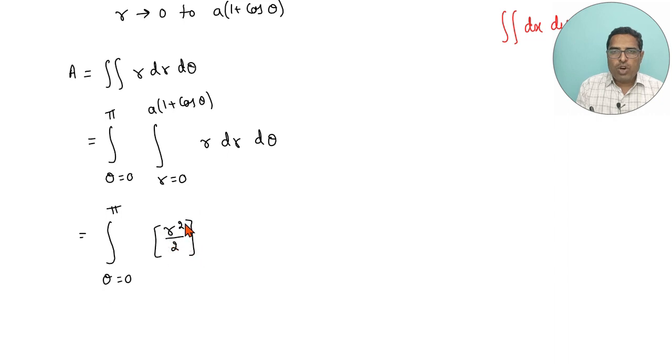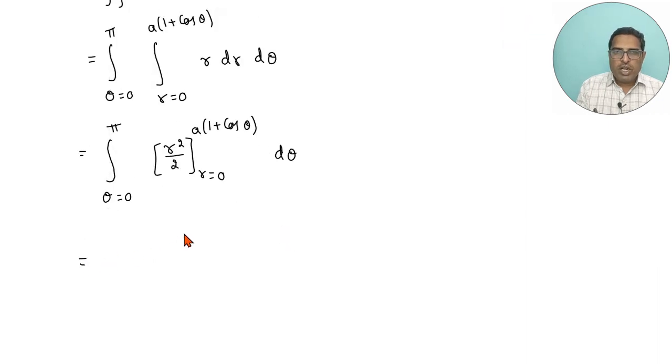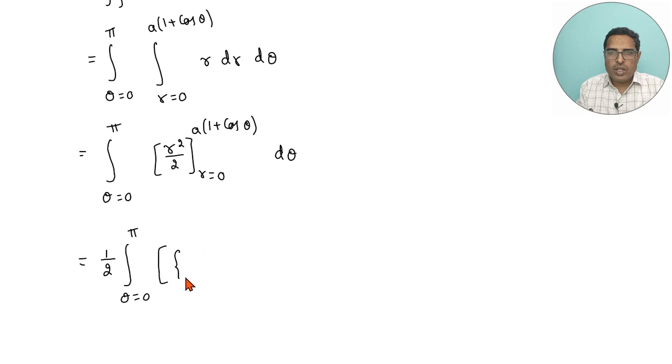So the limit values for r will be r equal to 0 to a into 1 plus cos of theta, times d theta, which will be nothing but 1 by 2, the constant you can take outside. Then integral of theta equal to 0 to pi. Apply the upper and lower limit values. r in this case will be a into 1 plus cos of theta, and it is squared, r square. Upper limit value minus the lower limit value for r will be 0, times what we have, times d theta.